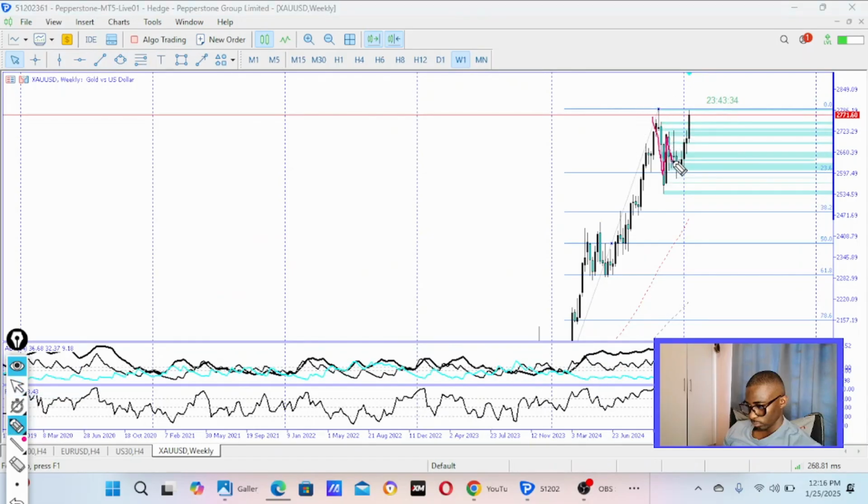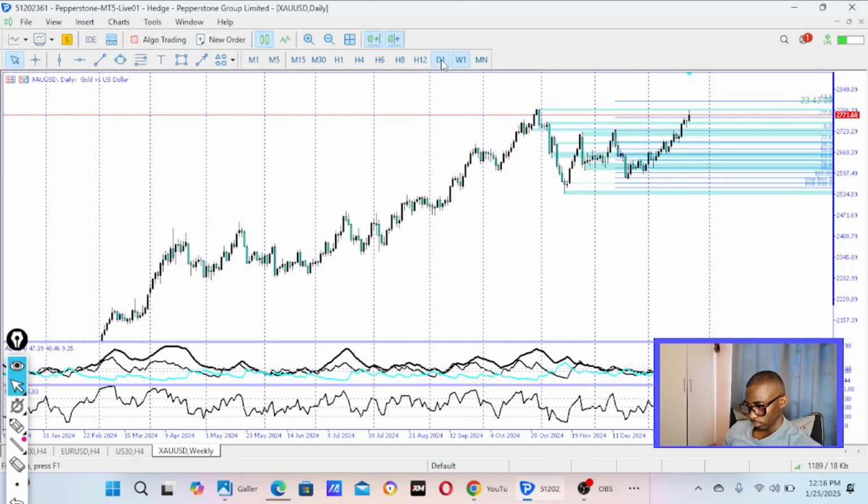This is the continuation pattern. This is our bottom. Price has already broken this neckline, and price is sitting at this area of resistance right here. So what I would like to see is price to drop or retest the neckline and continue bullish. So this is the analysis from the weekly.